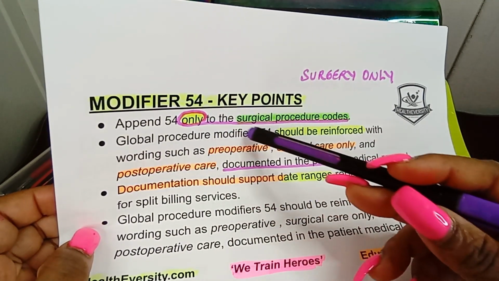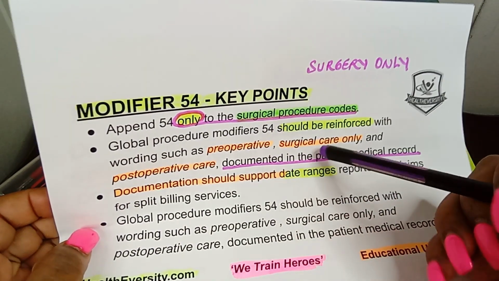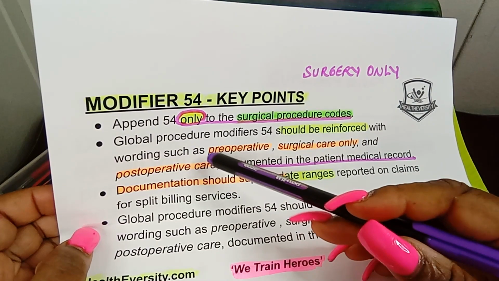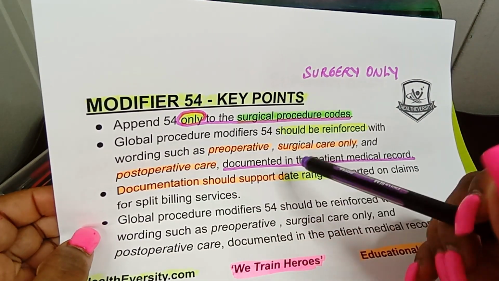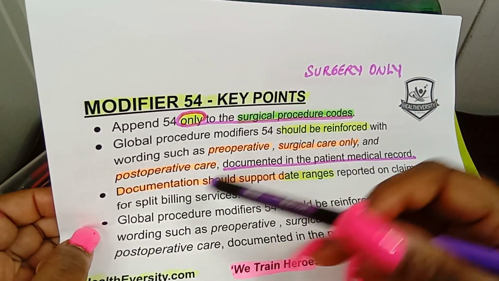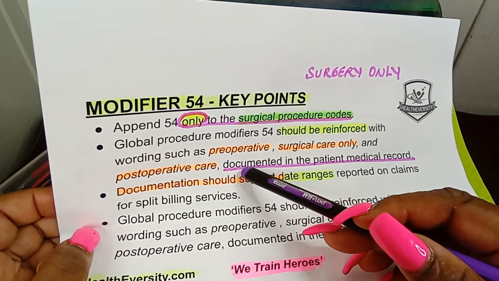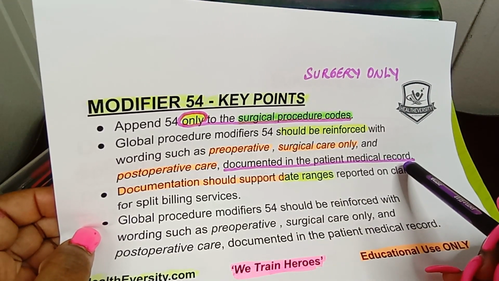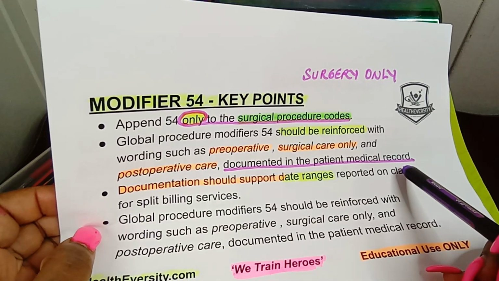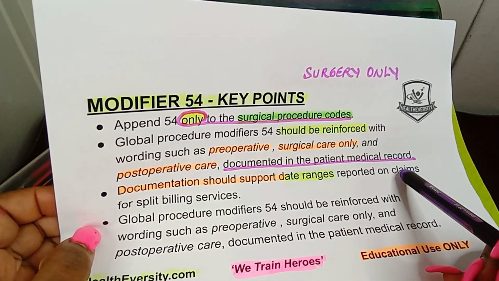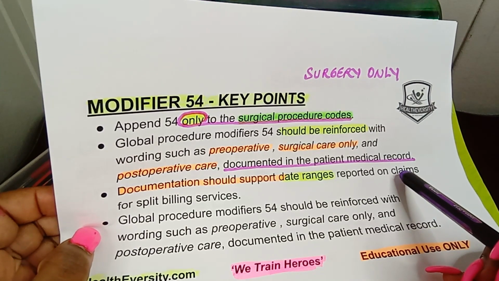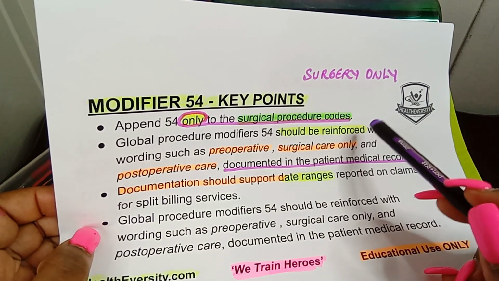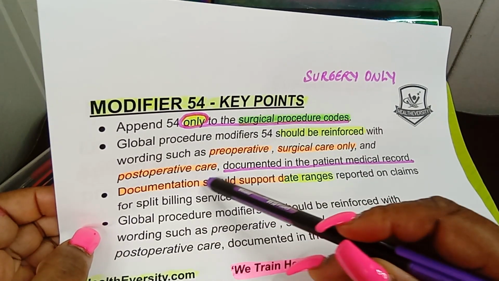Global procedure modifier 54 should be reinforced with wording such as preoperative, surgery only, and postoperative care documented in the patient record. So it has to state that this is what this doctor did. That's all he did. He's not here to do pre-op or post-op and all that good stuff. He's just there to do surgery only.